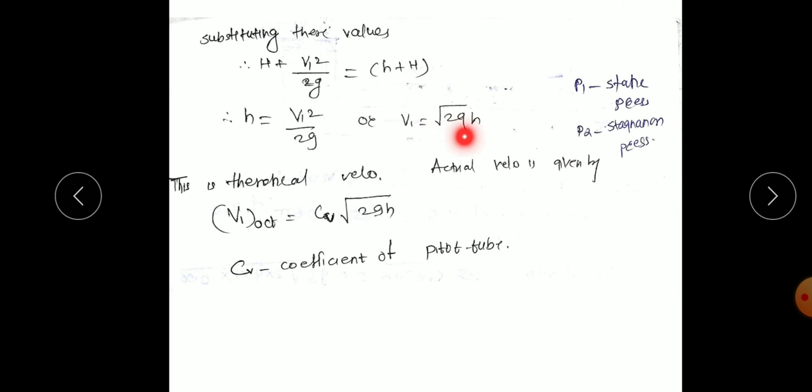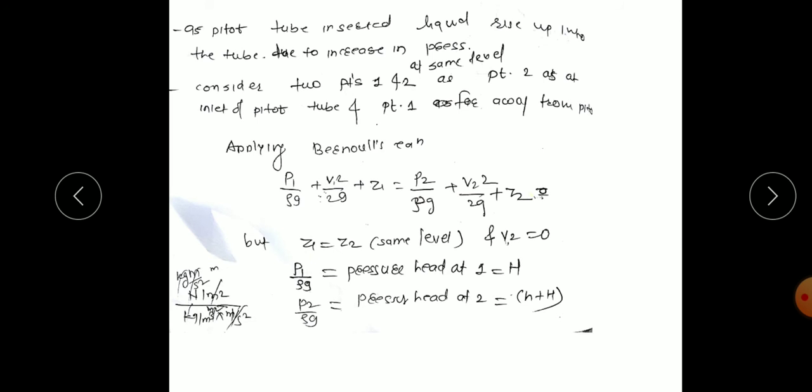So we can find it this way. The velocity of the flowing fluid is square root of 2gh. The higher the value of h, the more is the velocity of the fluid. So we can measure h, the head difference.